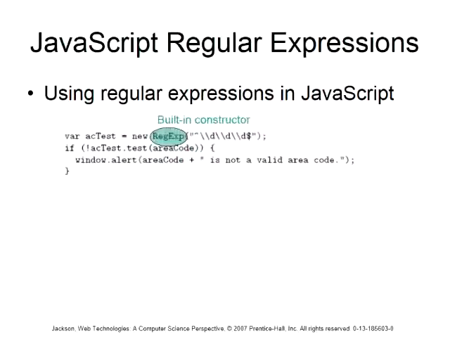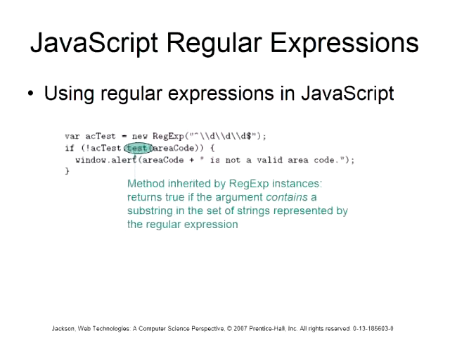So how can we use the regular expression? By using the constructor new RegExp. So new RegExp is to create a regular expression, and after that we use the method test to test if a string conforms to our regular expression or not.